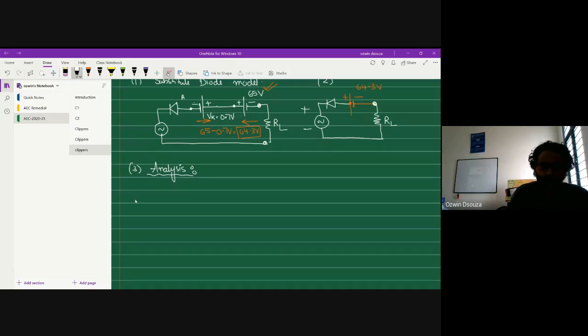For the positive half cycle, I will write, refer figure B. So this is your figure A and this is your figure B, with plus minus the output voltage. Now in the positive half cycle, what you have to observe is how the two sources are connected with each other. You have an AC source, VI, and you have a DC source, 64.3 volt potential.